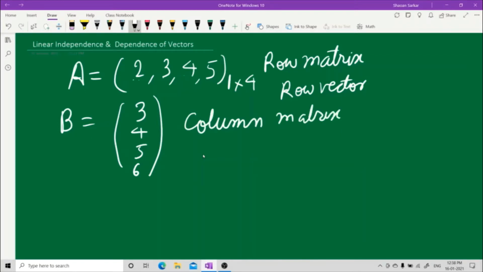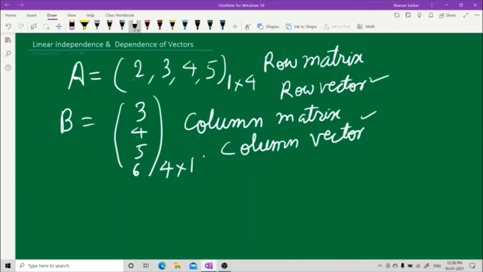This is 4 rows and 1 column. So now it will be called a column vector. I hope these 2 points are clear.